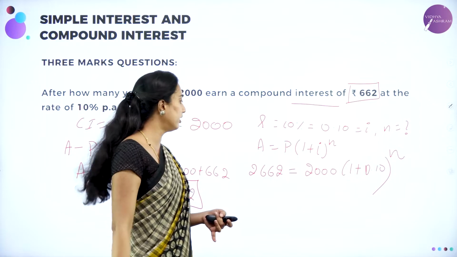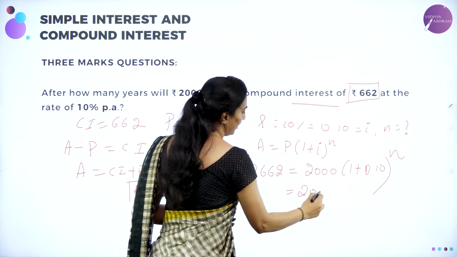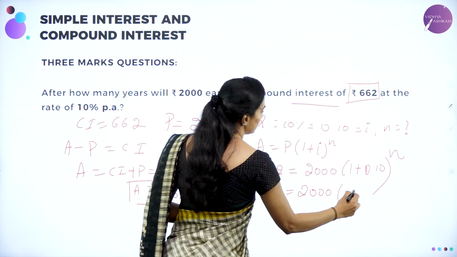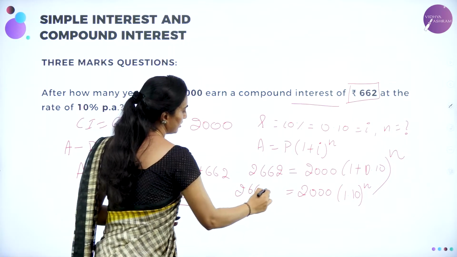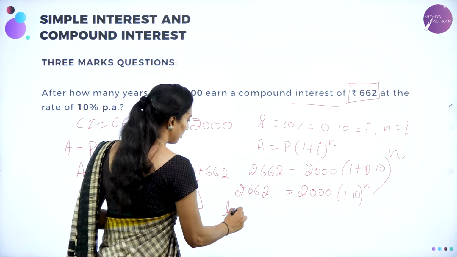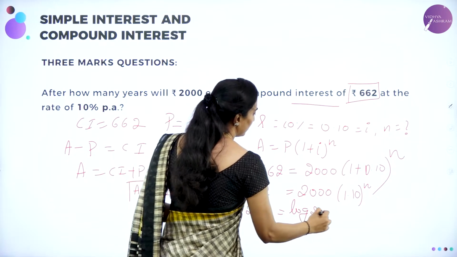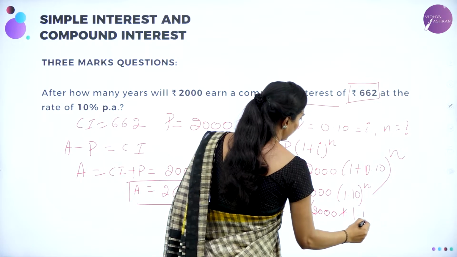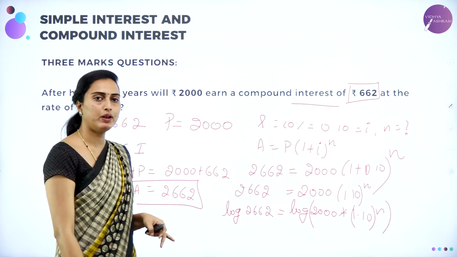We don't know what n is. Now by taking log on both sides, 2000 into 1.10 whole to the power of n is 2662. Taking log on both sides, you are going to have log 2662 equal to log 2000 into 1.10 whole to the power of n. Now this is again log M plus log N.